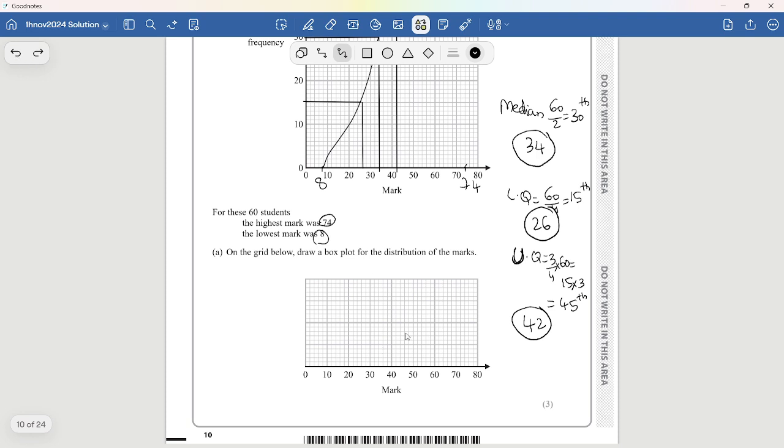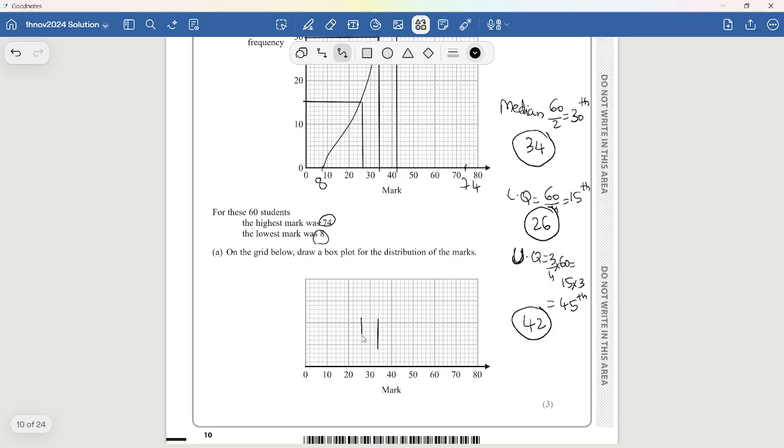Sorry. 32, 34 is here. This looks better. And the lower quartile is at 26, 22, 24, 26 is here.